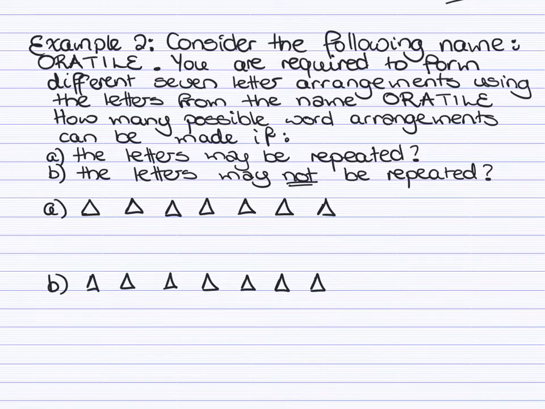Now, if repetition is allowed in the first triangle, how many options do I have to choose from? I have 7 options to choose from. If repetition is allowed for the second triangle, I have 7 as well. Same thing for the third, the fourth, the fifth, the sixth, and the 7th. Now, the fundamental counting principle requires us to multiply these choices together.